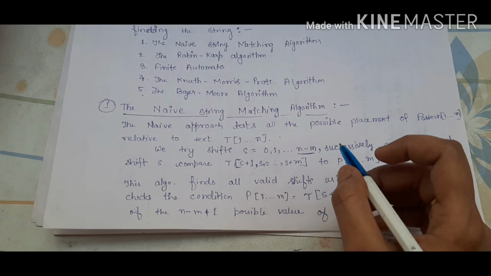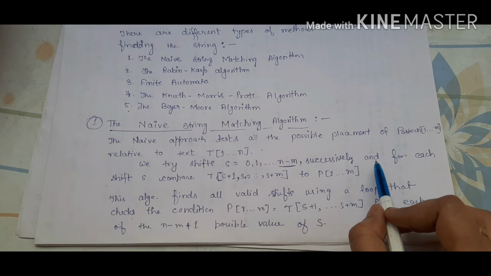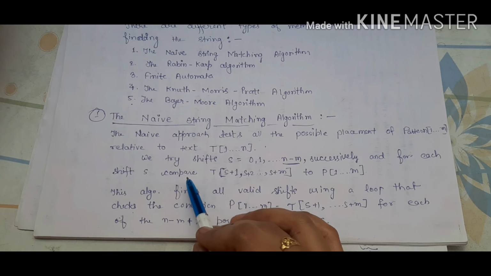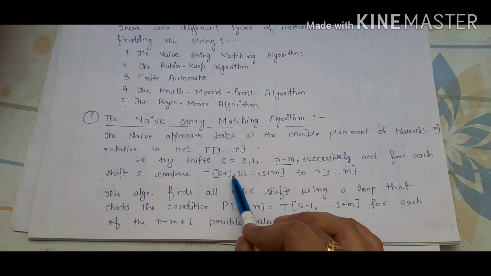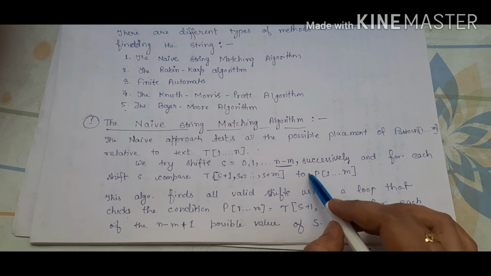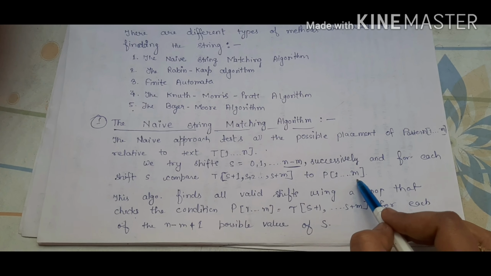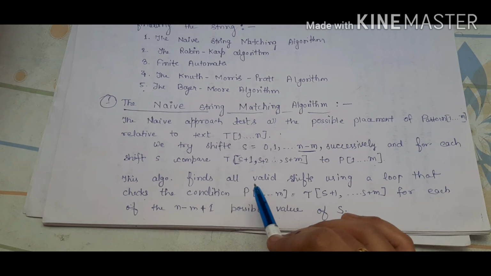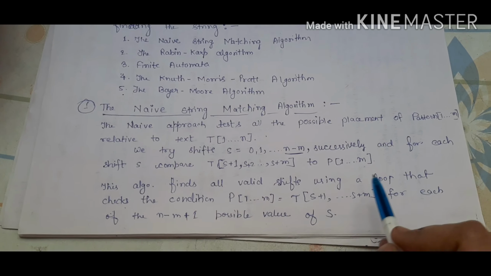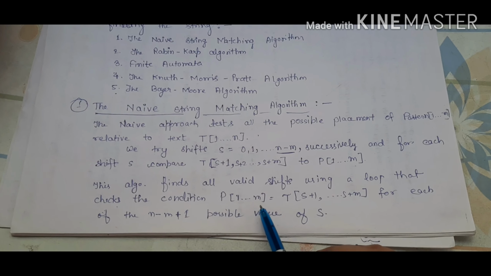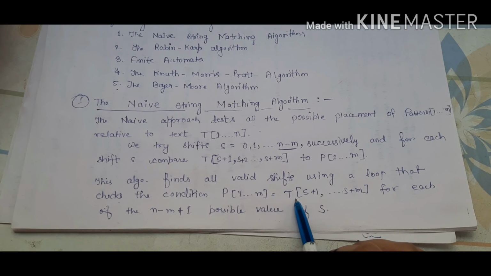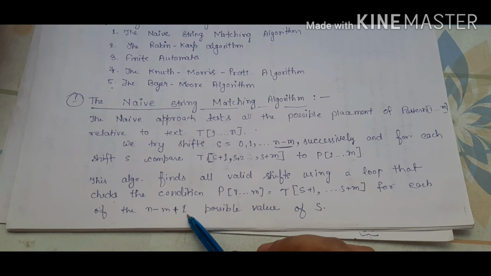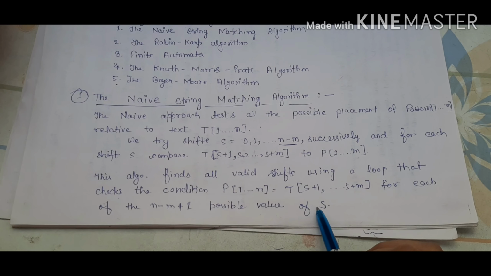We will demonstrate why it is n minus m. Successively, for each shift we compare T[s+1 to s+m] to pattern P[1 to m]. So this algorithm finds all the valid shifts using a loop that checks the condition, whether pattern equals text, for each of the n minus m plus 1 possible values of shift.